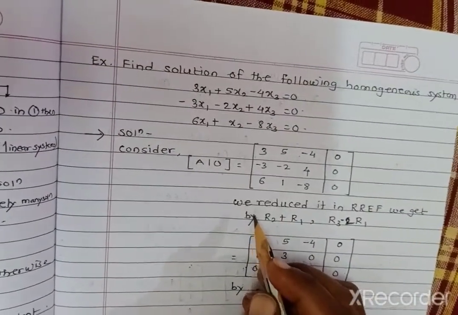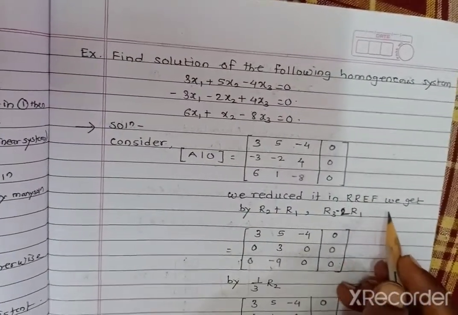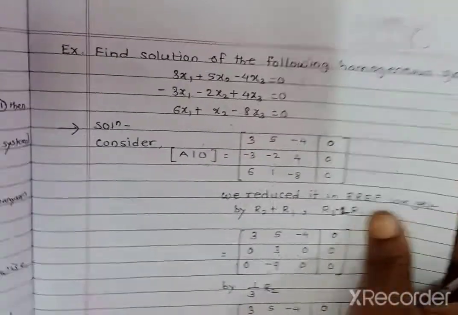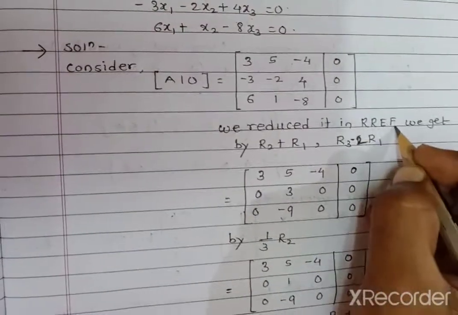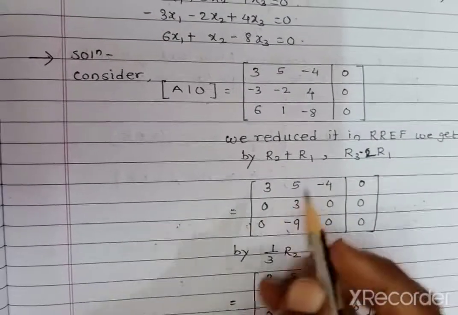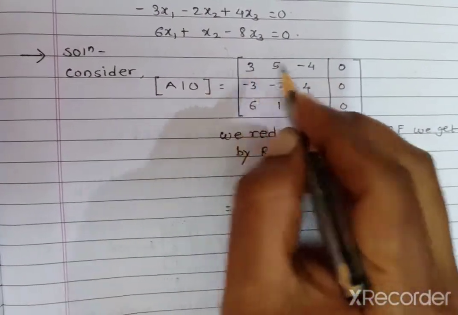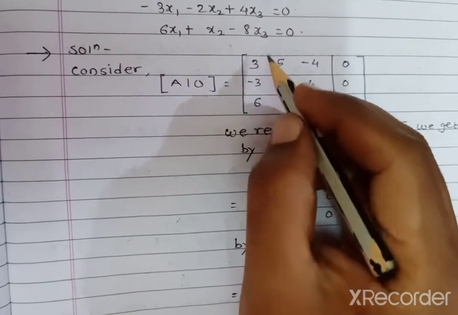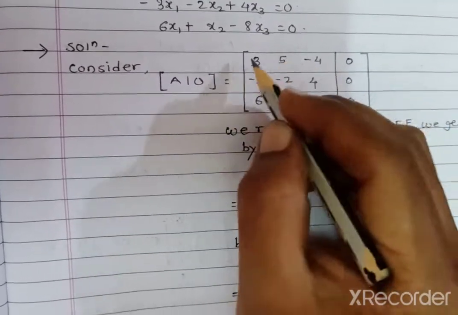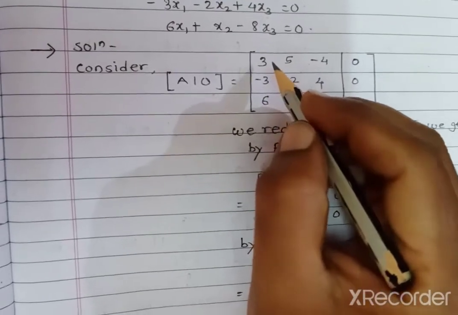Now we have to reduce it to reduced row echelon form. For that, what do we have to do? We have to check whether the first row is non-zero and whether the first entry is non-zero. The first row is non-zero and the first entry is also non-zero.